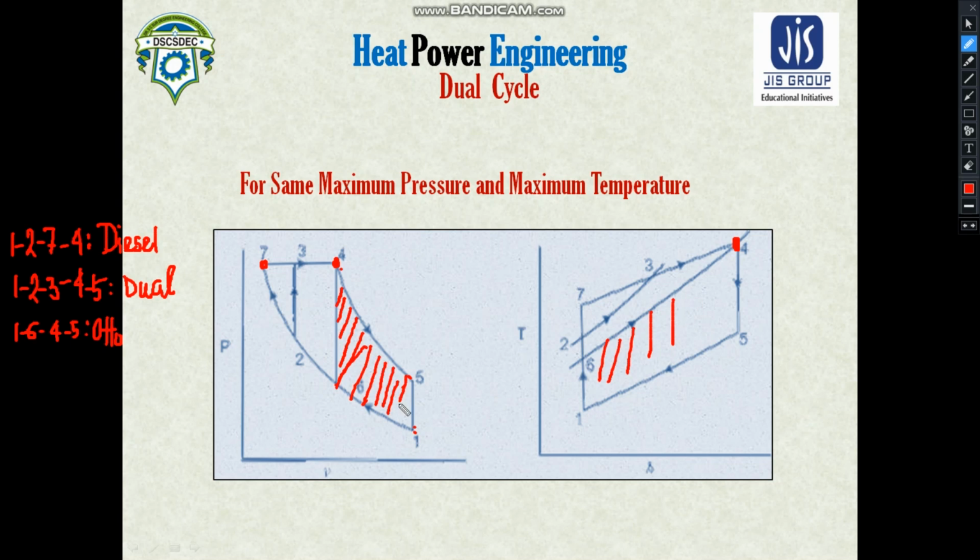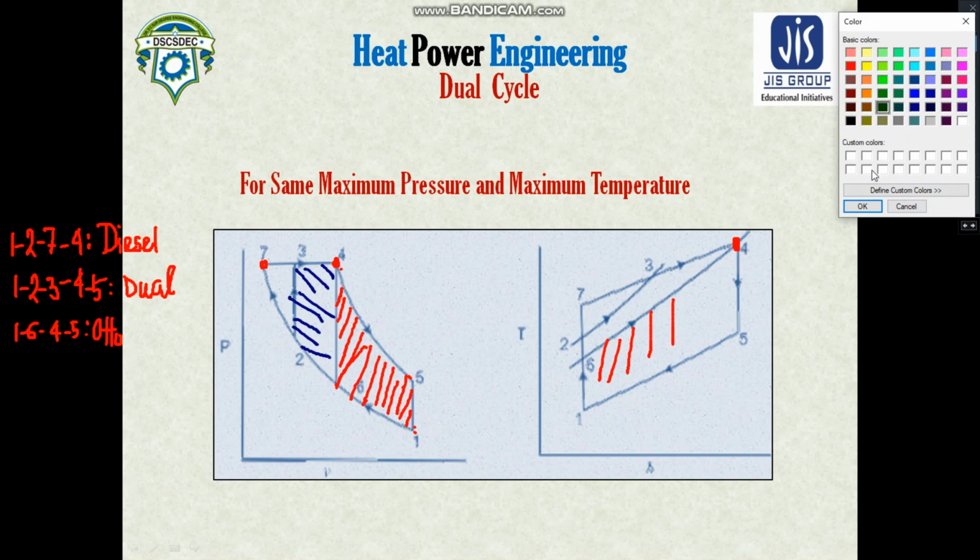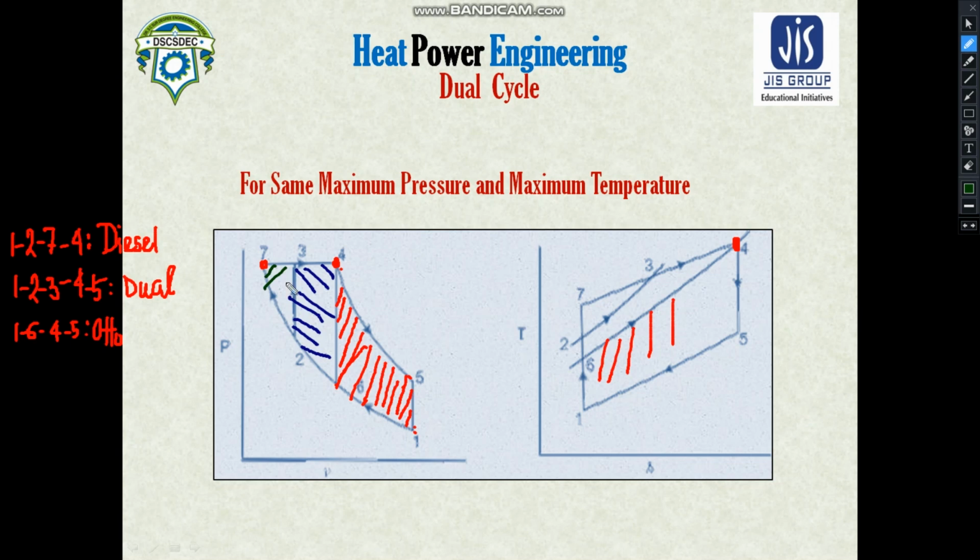You will understand, I think you have already understood, that auto cycle has the minimum area, whereas dual has the next minimum. Dual always lies in between. And when we compare the cycles from the point of view of maximum pressure and temperature, this diesel cycle has the maximum area, whereas auto has the minimum.